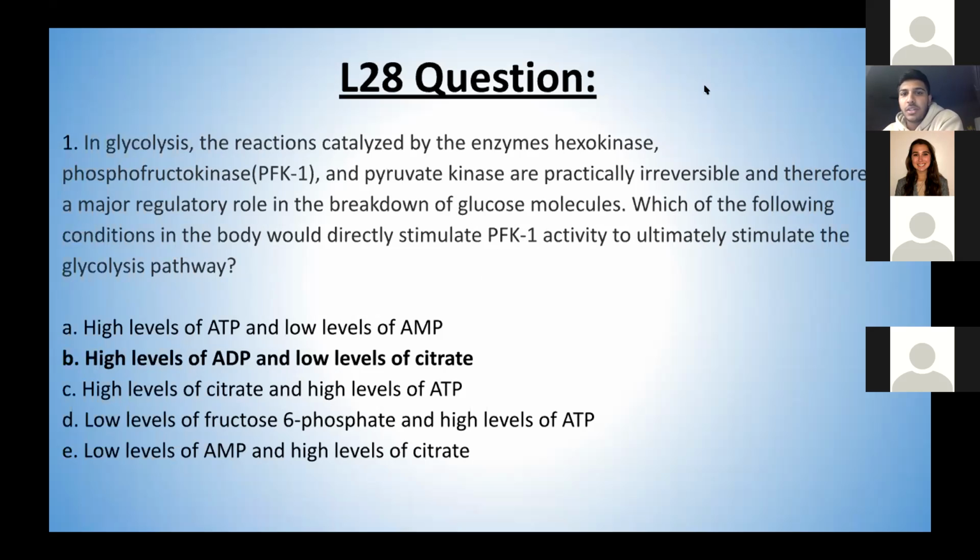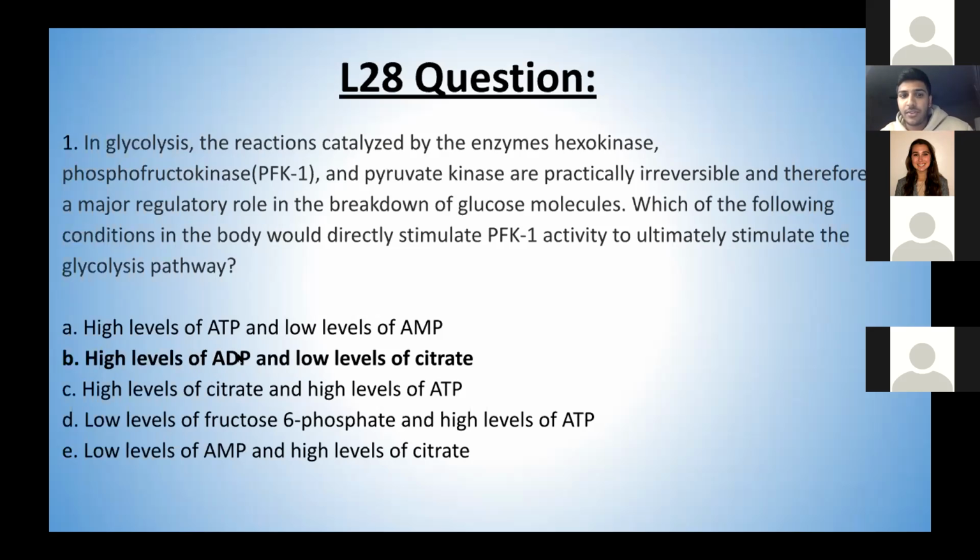So what activates PFK1? PFK1 is used in glycolysis, and glycolysis is making energy, right? So low energy molecules are going to stimulate it, because if you already have high energy molecules, there's no point in making more energy. You don't need it. If you look at the answer choices, high levels of ADP is a low energy molecule, right?